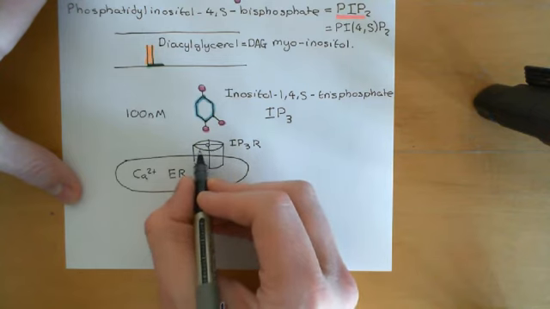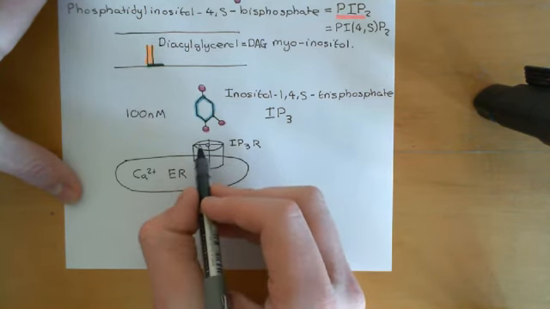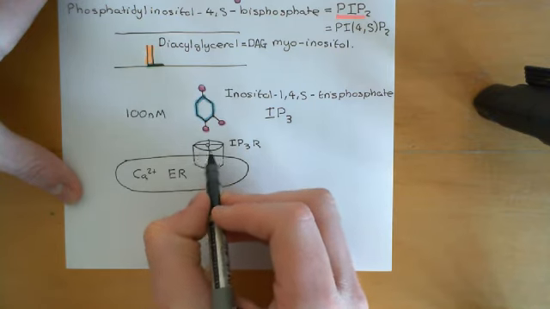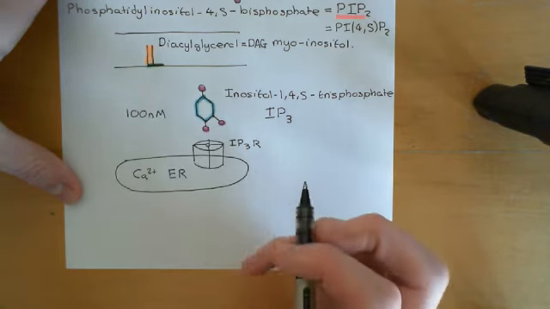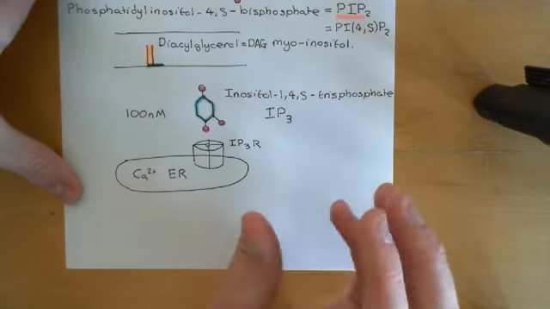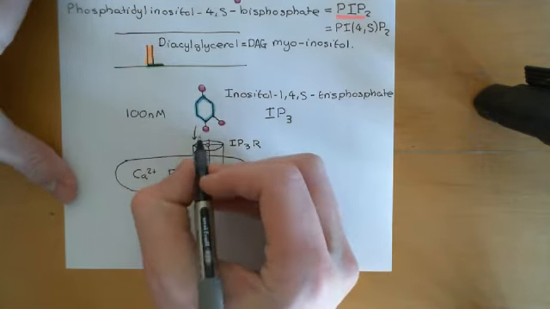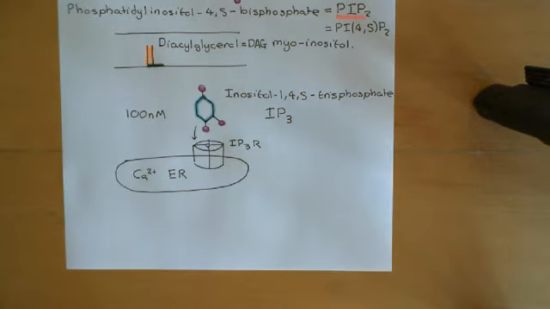It's not thought that you need 4 IP3 molecules to bind for it to open. It's more around 2 or 3 that you need to bind, but this still isn't fully figured out yet. So you need some IP3 molecules to bind to the IP3 receptors, and then through a gating mechanism that also isn't fully worked out yet, the IP3 receptor opens in response to the IP3.